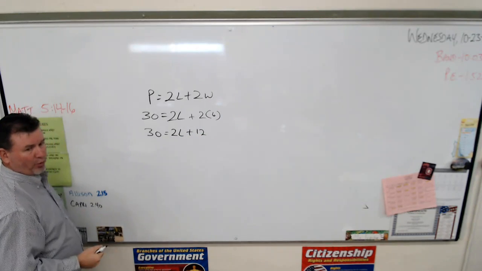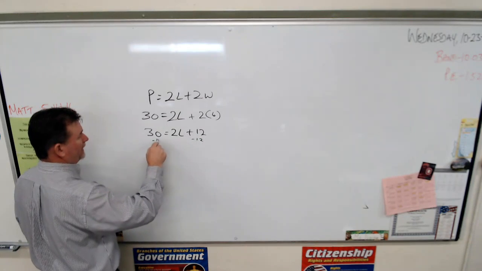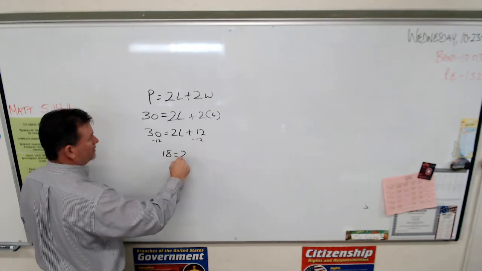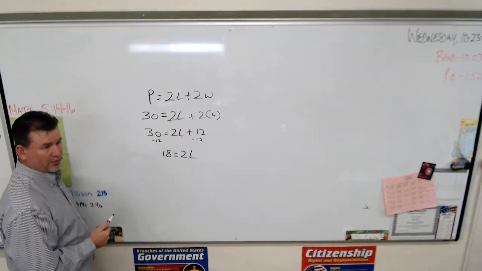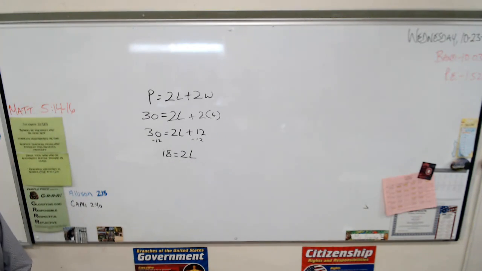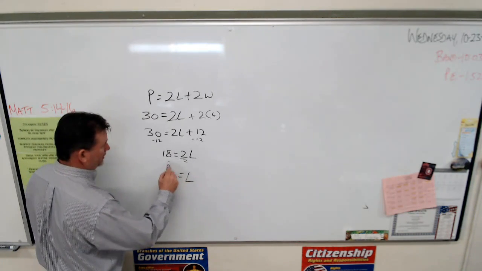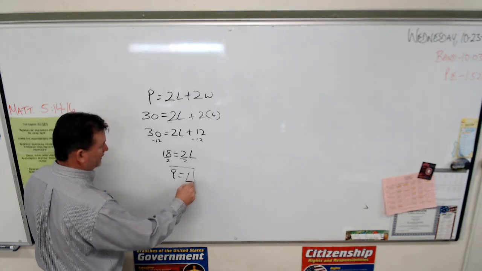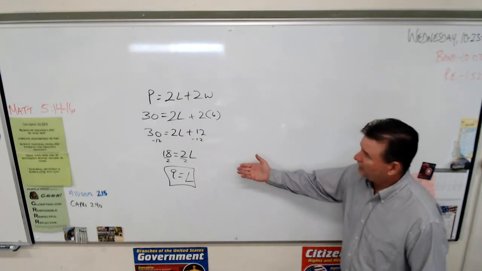How do I get rid of the 12? Subtract 12 from both sides. 18 equals 2L. How do I get rid of the 2? Divide by 2. L equals 9. The length of that rectangle is 9.